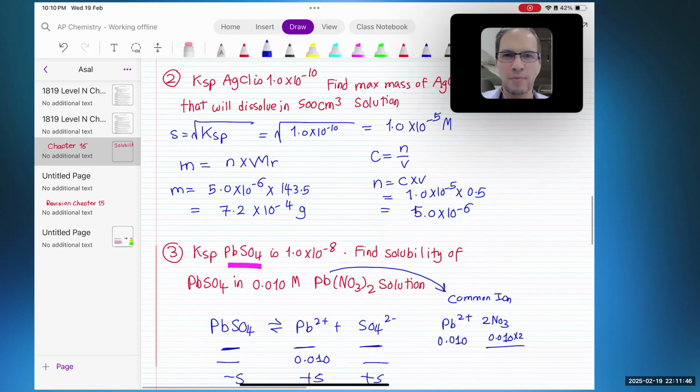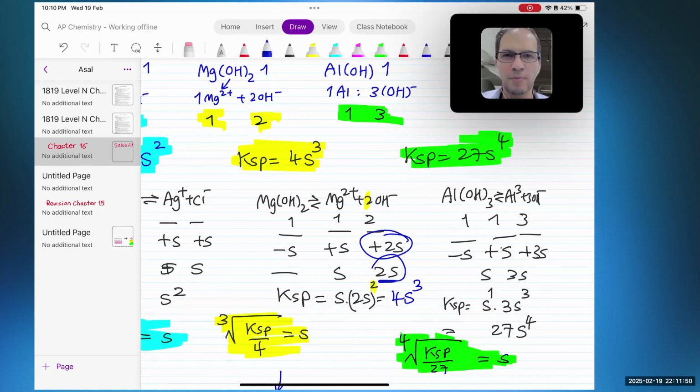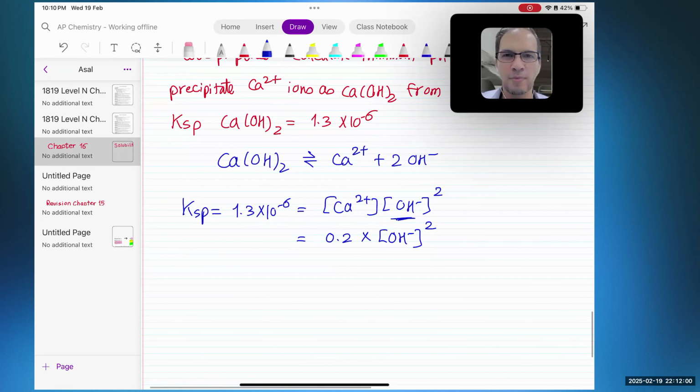I know that this part is difficult to understand, but here when I multiply 2 of S, the whole thing became the value that we are looking for. Down here, when I'm calculating, I'm saying this is the OH minus concentration. So where is the concentration that you are looking for multiplied by 2? This is the one. So that's the concentration. I don't multiply it by 2 again. I just say OH minus to the power of 2 directly.